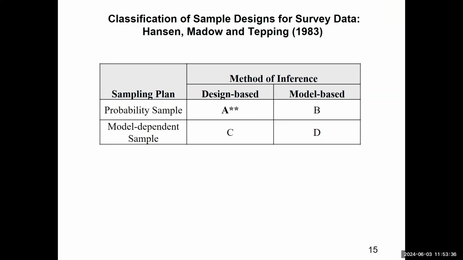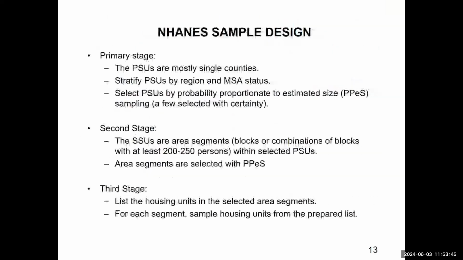Yes, I have a question going back to the second stage. Basically, you're only sampling at that stage combinations of blocks with at least 200 to 250 people.